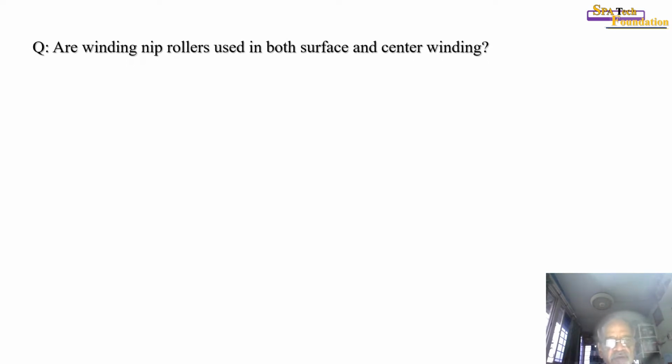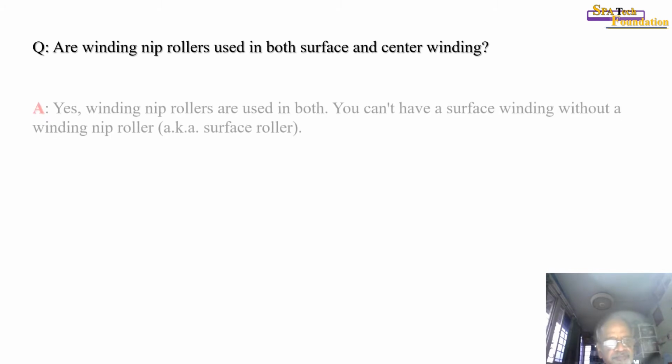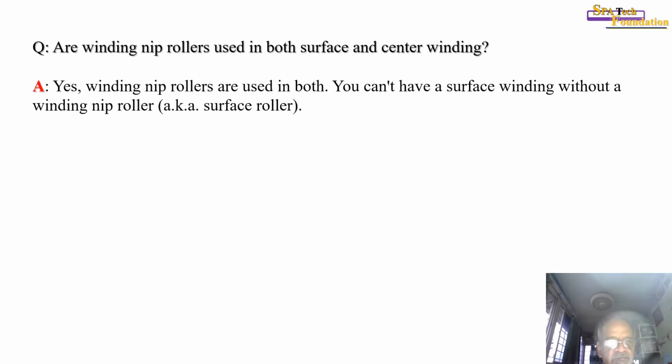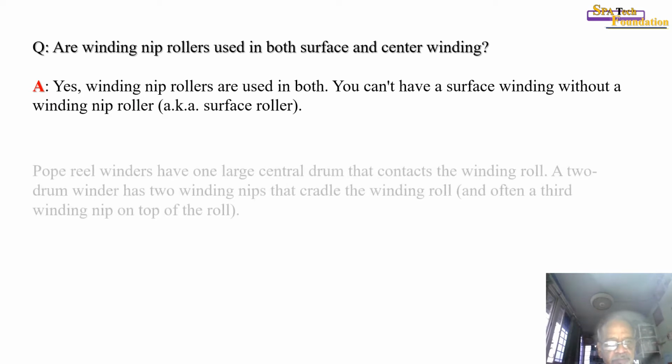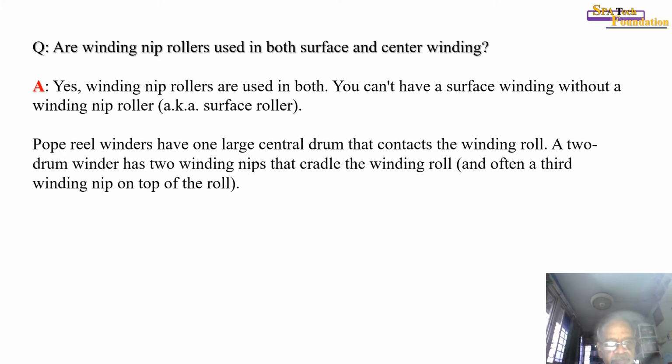Question: are winding nip rolls used in both surface and central winding? Answer: yes. Winding nip rolls are used in both. You cannot have a surface winder without a winding nip roll. Pop reel winders have one large central drum that contacts the winding roll.